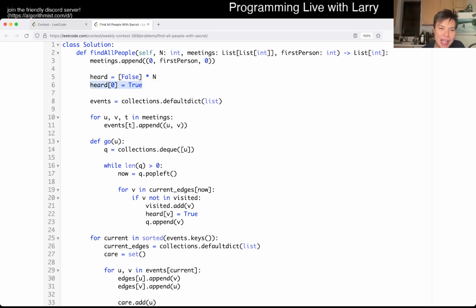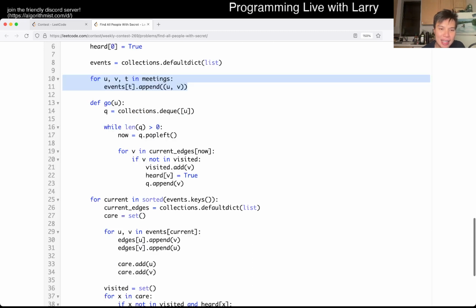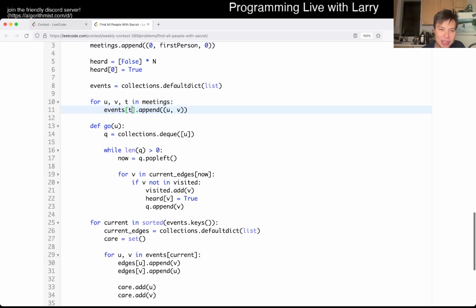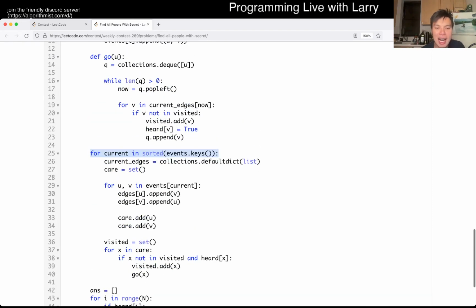And then I set up the events. I put it in the meetings thing, and then I sort by time, and so for every time, and this is sorted, that's fine. For every component, I look at all the things that we care about, right? So care is basically all the indexes of all the people that we care about.